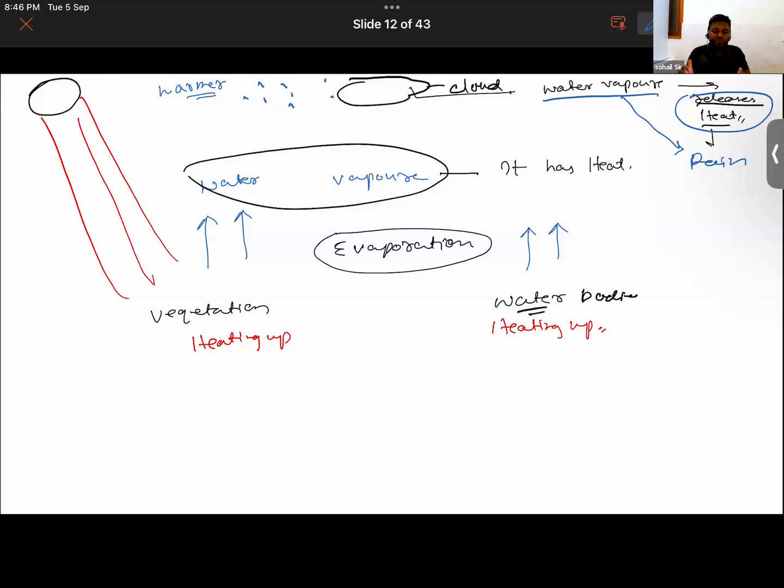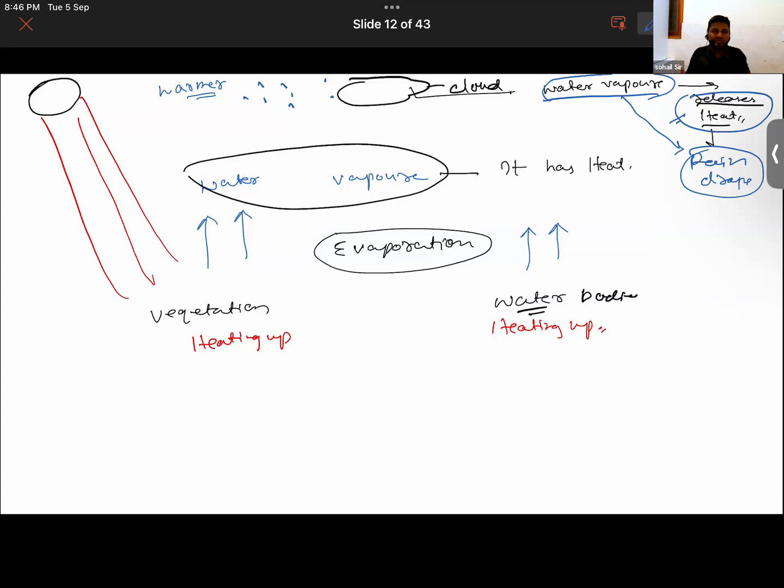Okay. So when the heat is being released here, the conversion is taking place from water vapor, it changes into raindrops. And while doing so, it releases heat. And if heat is released, it means the air molecules above in the sky will be heated up.